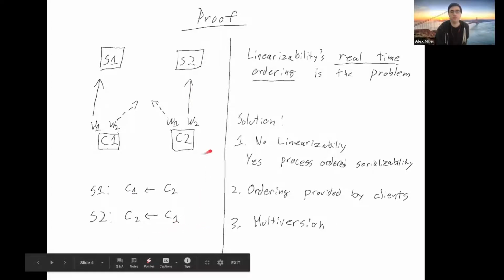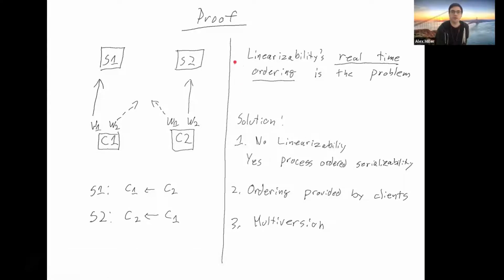And basically their argument and discussion here boils down to the fact that it's linearizability's real-time ordering that's the problem. Because the real-time ordering is the reason why server 1 had to order the client's write 1 before client 2's write 1, and why server 2 had to do the opposite.